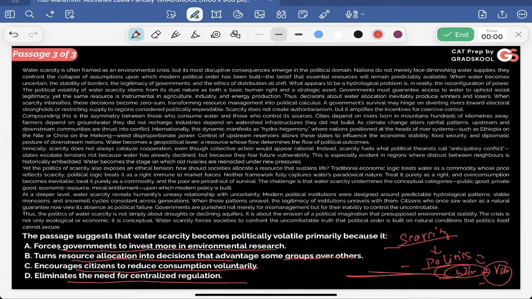The immediate reason is B. All right, that is the immediate reason. समझ में आई है? पहले स्कैरसिटी होती है, उससे फिर पॉलिटिकल कैलकुलस अराइजेस एंड देन वी टॉक अबाउट द जीरो सम. देखो यहाँ पे गौरव तुमने सी मार्क किया है, यहाँ पे जीरो सम था. Zero sum is basically who wins and who loses. So that is going to be the immediate reasoning behind marking B.